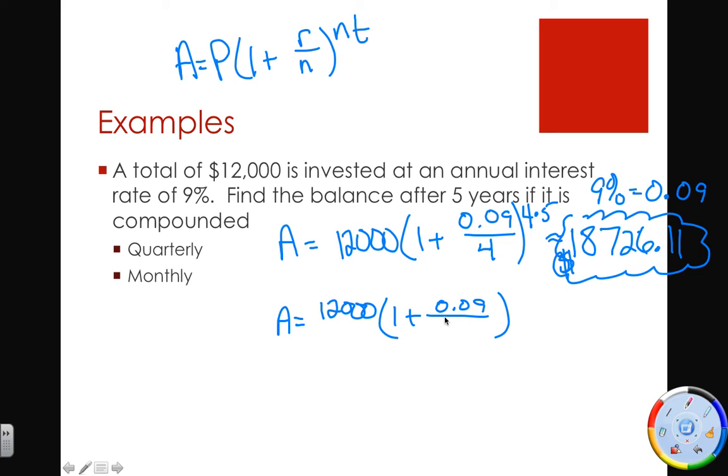But in this case, monthly means 12 times a year. So instead of dividing by 4, I'm going to divide by 12. And instead of to the 20th power, I'm going to go to the 60th power, because that's 12 times 5, by the way.